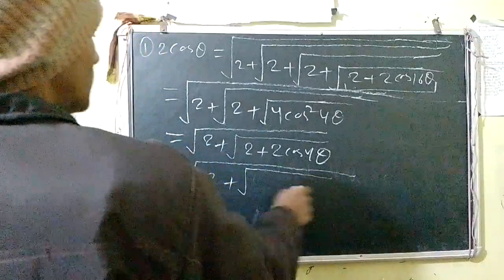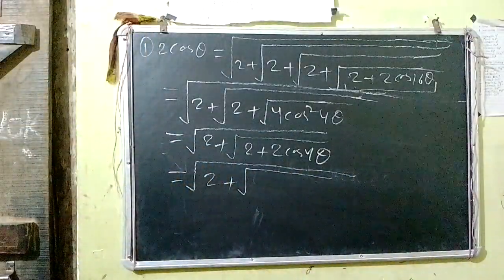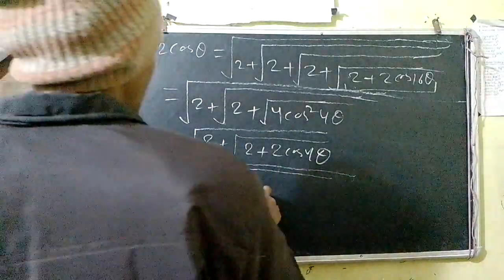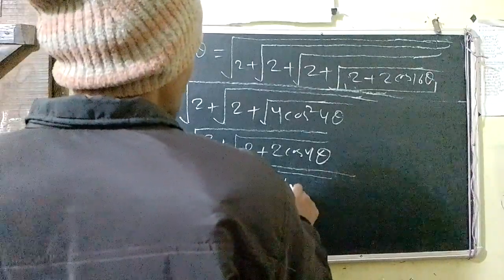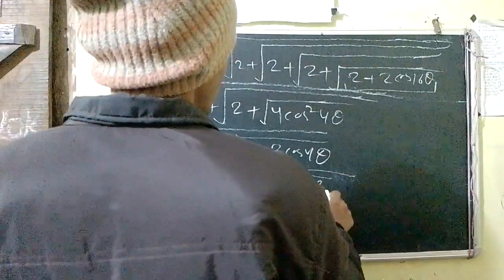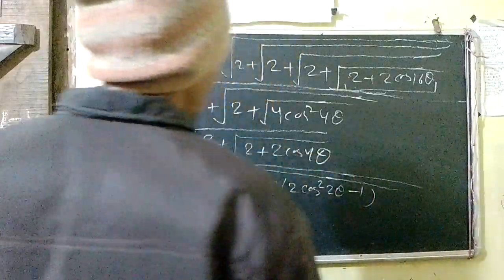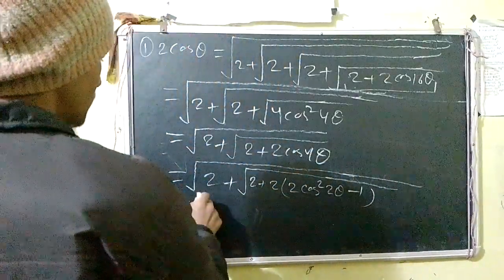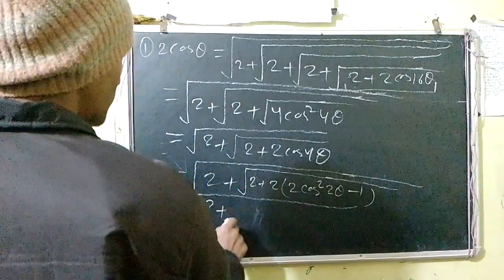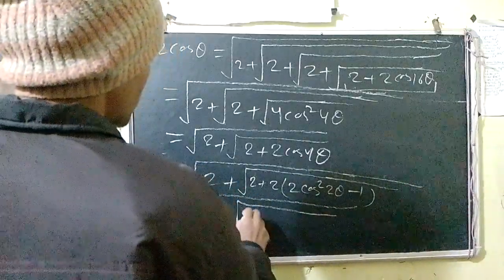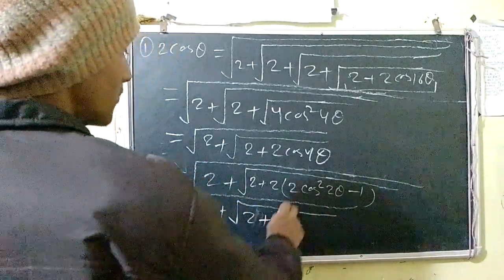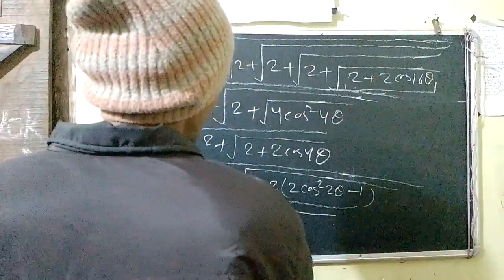I can write this under the second square root as again 2 plus 2 cosine square 2 theta minus 1, and again the same step, 2 plus the square root of 2 plus, so just write this quickly.